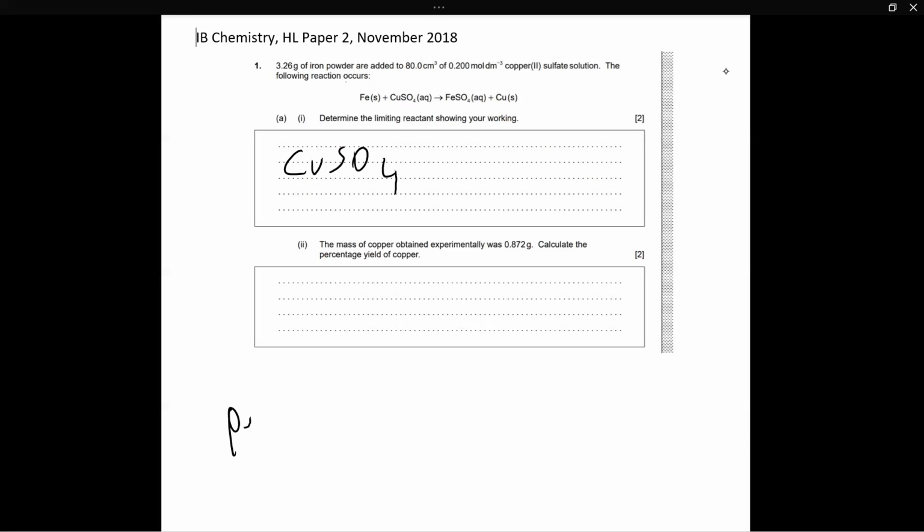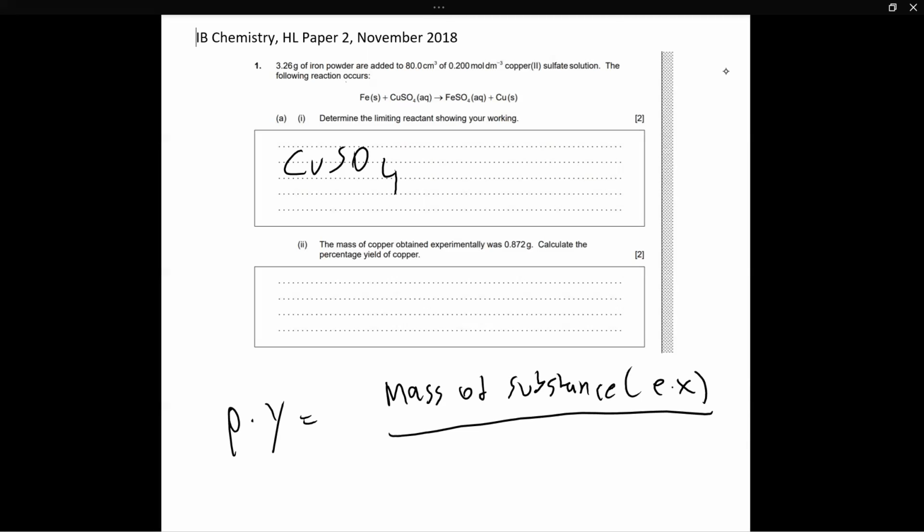Percentage yield, I'm going to call this PY, is equal to the mass of substance derived experimentally, I'm just going to call this EX, divided by the mass of substance found out theoretically, and multiply this by 100.